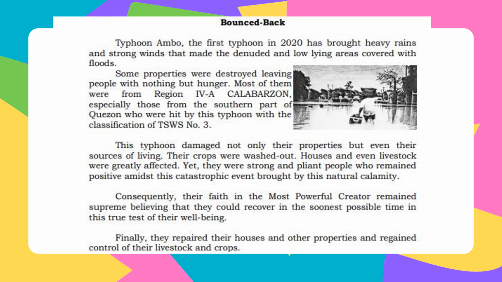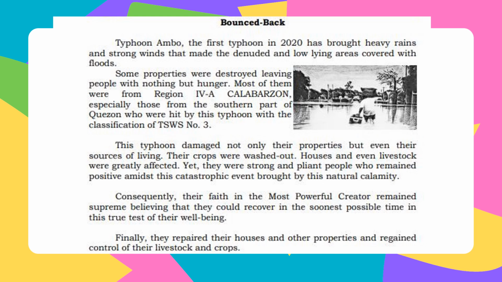Most of them were from Region 4A Calabarzon, especially those from the southern part of Quezon, who were hit by this typhoon with the classification of TCWS number 3. This typhoon damaged not only their properties but even their sources of living. Their crops were washed out. Houses and even livestock were greatly affected.